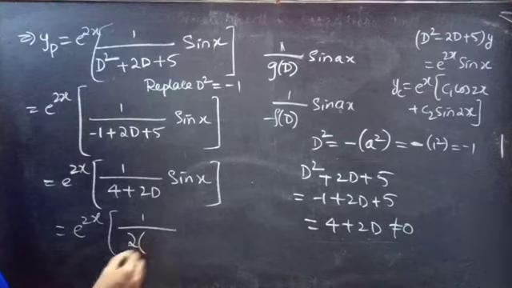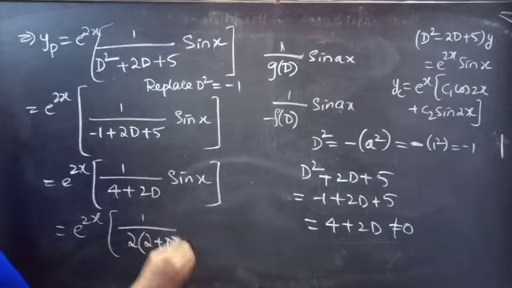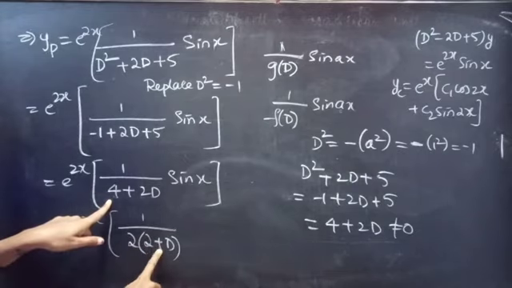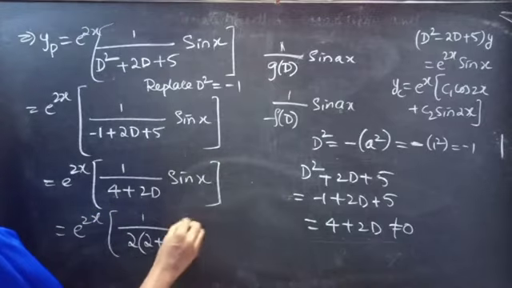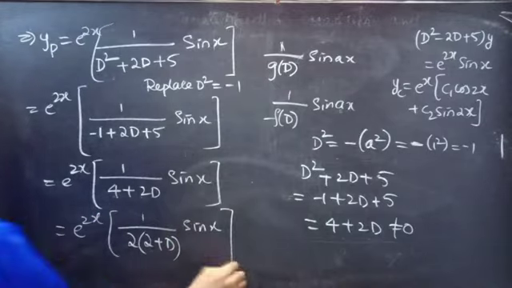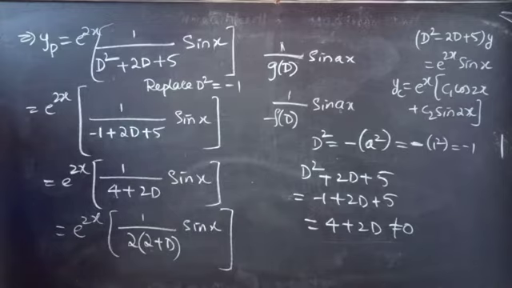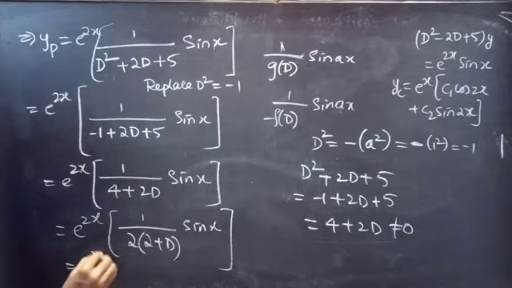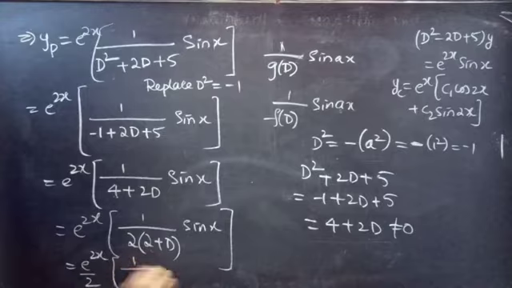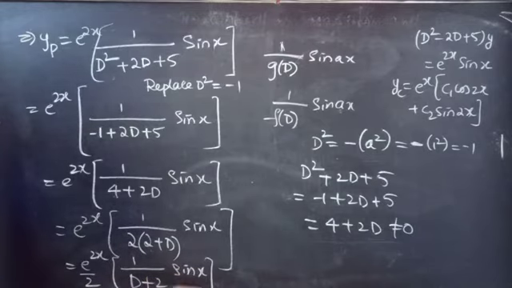We'll get 2 times 2 plus d, right? 2 into 2 is 4, plus 2 into d is 2d, into sin x. Now take 1 by 2 outside the brackets, then we'll get e power 2x by 2 into 1 by d plus 2 into sin x.